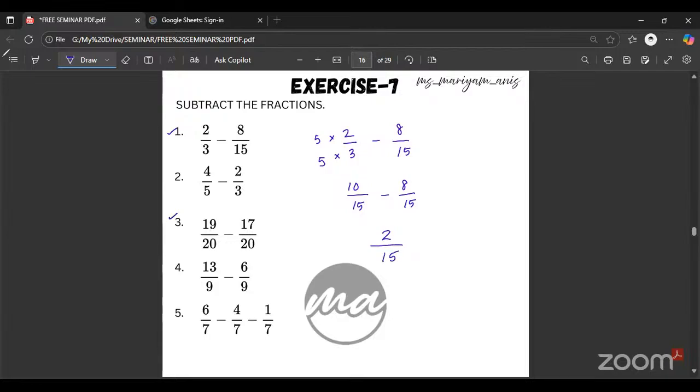Can you do the third one? Copy down the first one and do the third one. I'll give you 1 to 1.5 minutes. That's more than enough.